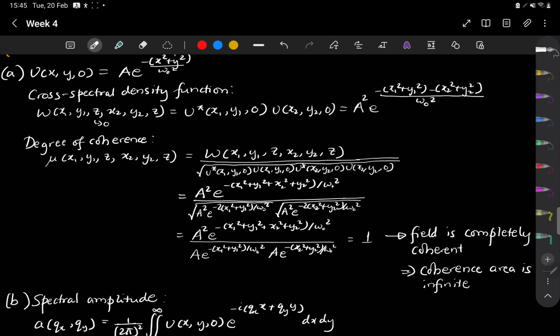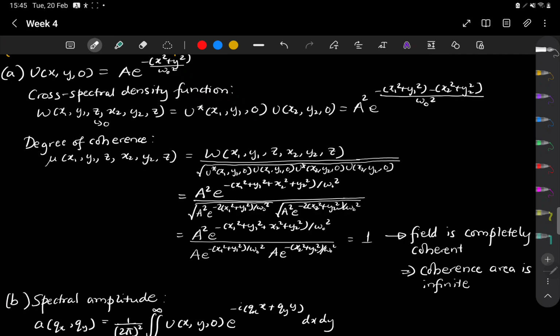As a result, we can take our points to be as far away from each other. Like the distance between these 2 points we can take as infinite. So that means if 2 points are infinitely far away, still the coherence between them is 1. So that means that the coherence area is also infinite, because our points can be kept at infinity in the source and still they will be perfectly coherent with each other.